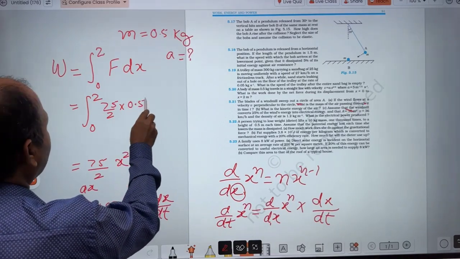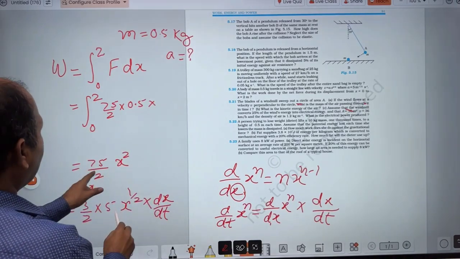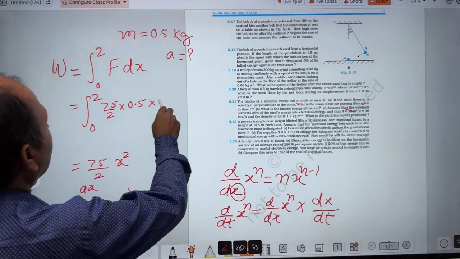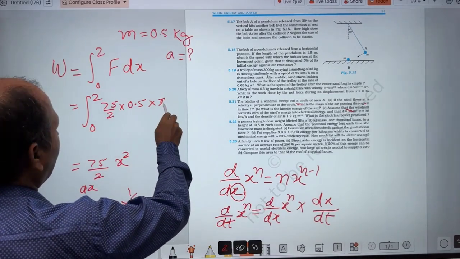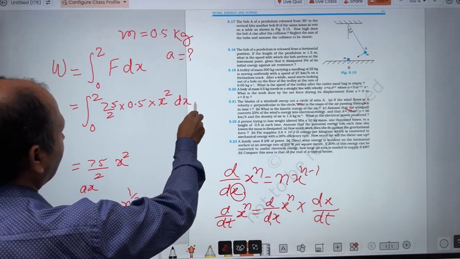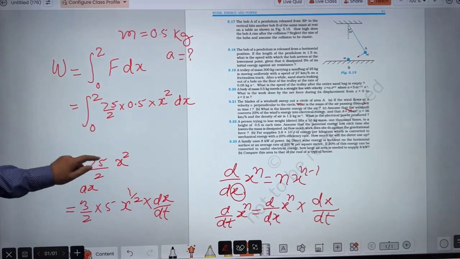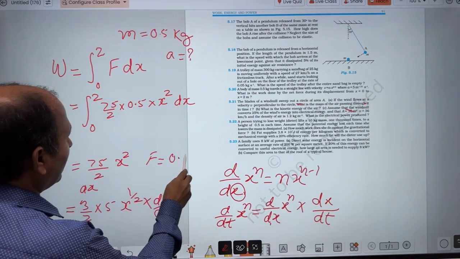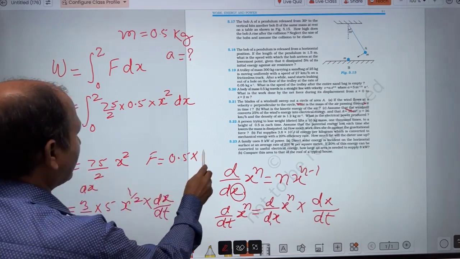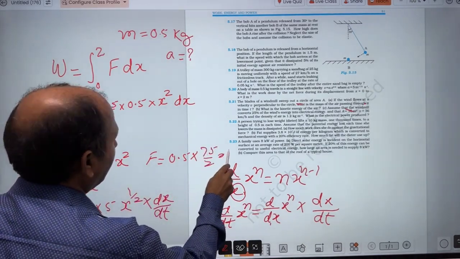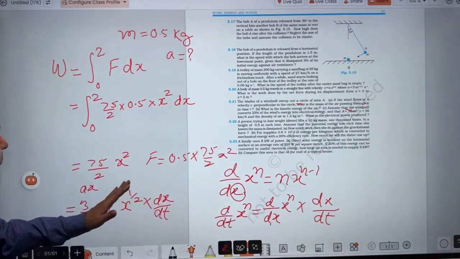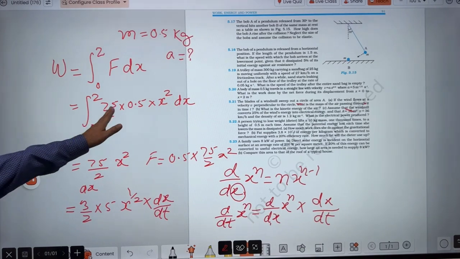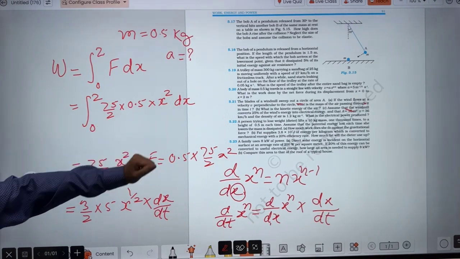Mass is 0.5 and this is 75 by 2 x squared, I have written ma, and then dx. I think the thing is clear. F equal to ma is 0.5 times 75 by 2 x squared. This is force. Same thing I have written, 75 by 2 times 0.5 into x squared dx.